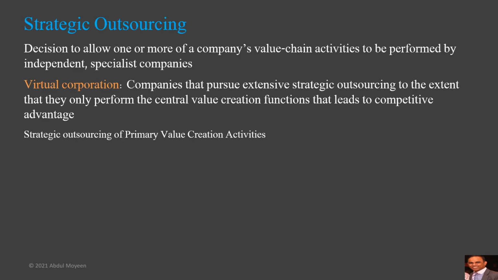While we have concluded that vertical integration and strategic alliances are alternative ways of managing the value chain across industries to strengthen a company's core business model, strategic outsourcing, whereas, is the decision to allow one or more of a company's value chain activities or functions to be performed by independent specialized companies that focus all of their skills and knowledge on just one kind of activity.